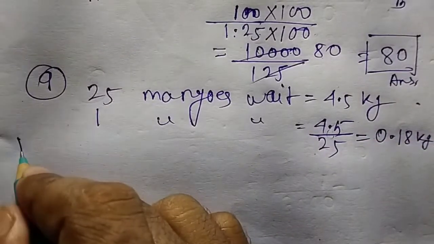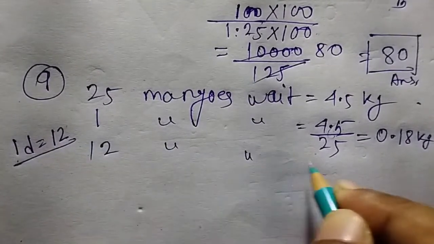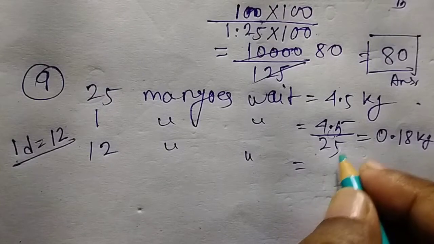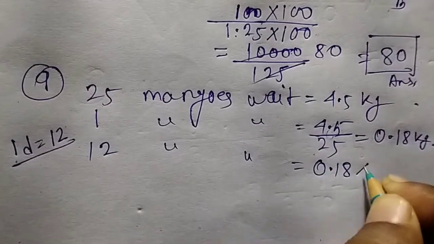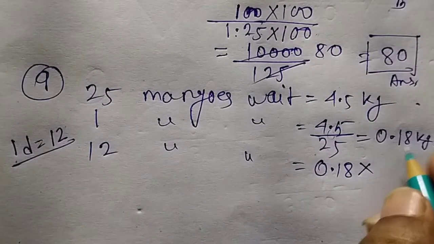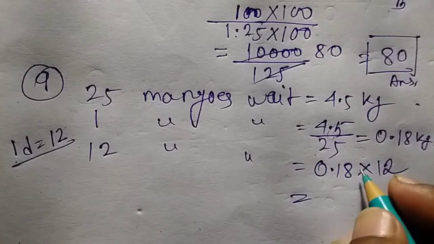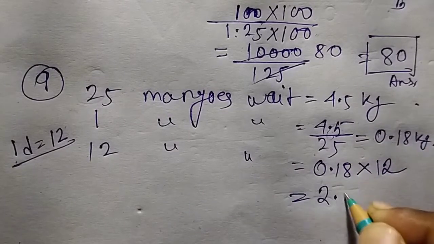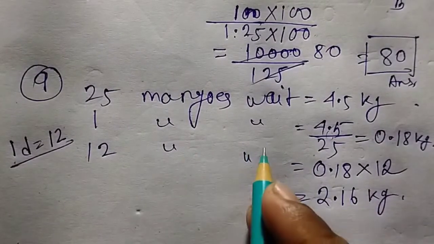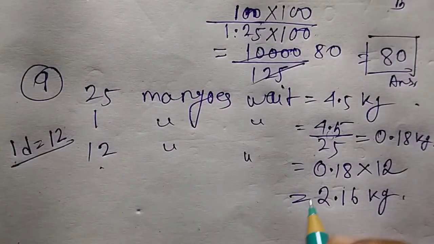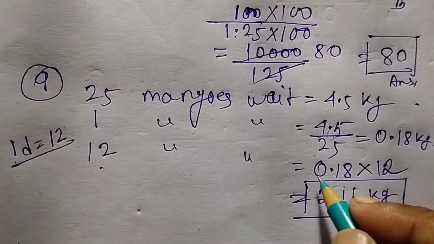So all of you know 1 dozen means 12. So 12 mangoes weigh equal to, in this case we have to multiply. Okay, so 0.18 into 12. So if we multiply this number we will get 2.16 kg. So what is the weight of 12 mangoes? So the weight of 12 mangoes is 2.16 kg. Understood? And you know how to multiply.